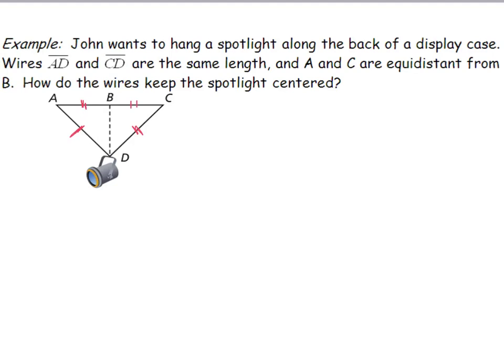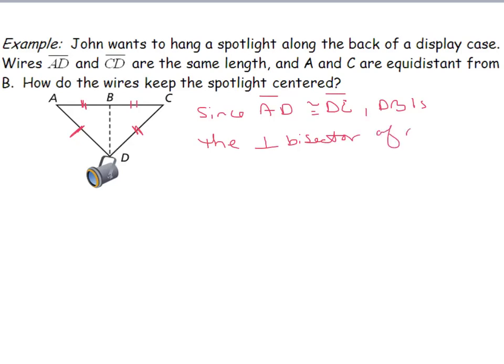Well, let's talk about this. And I'm going to write this out for you guys so you can hear it and you can see it. Since we know that AD is congruent to DC, you should also know, because of this, that DB is the perpendicular bisector of AC.